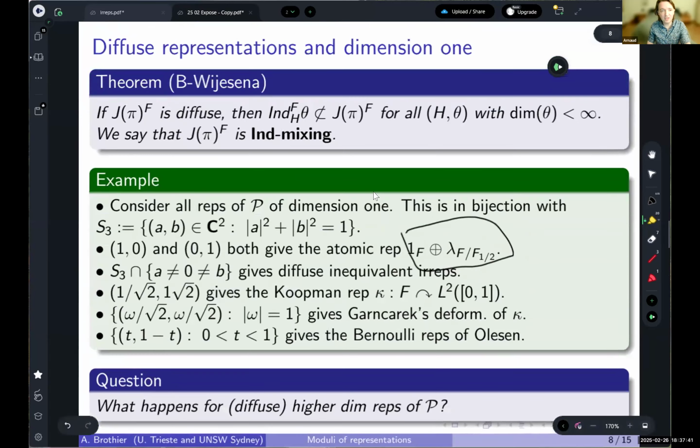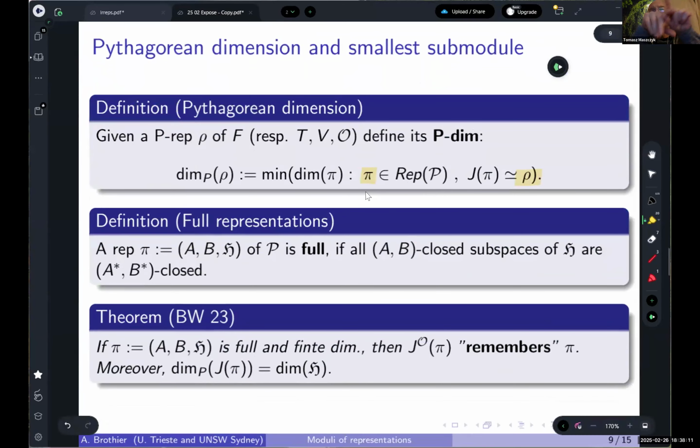If I go here, these representations are one-dimensional for P, and so the induced representations of the Cuntz algebra, we're going to say that they have Pythagorean dimension 1. So the dim P dimension equals 1. Okay. Yes, I understand it, but I'm asking about the dependence of the right-hand side of this functor on this functor itself.